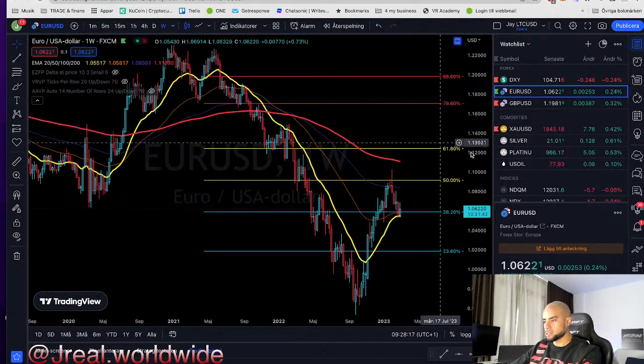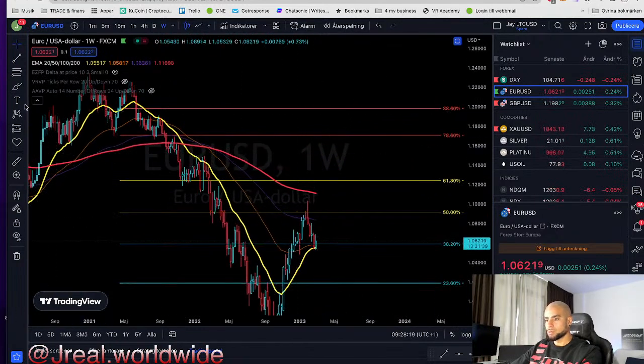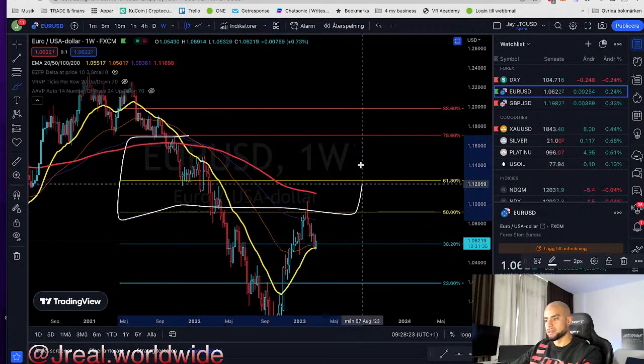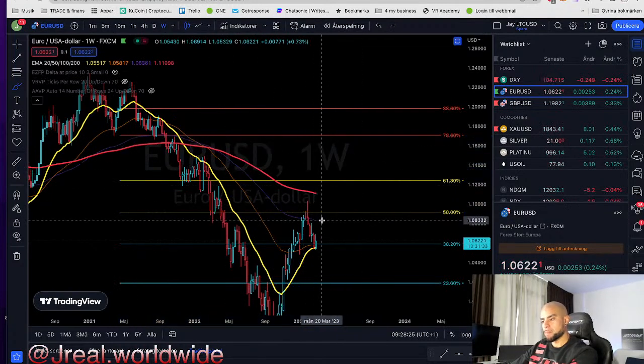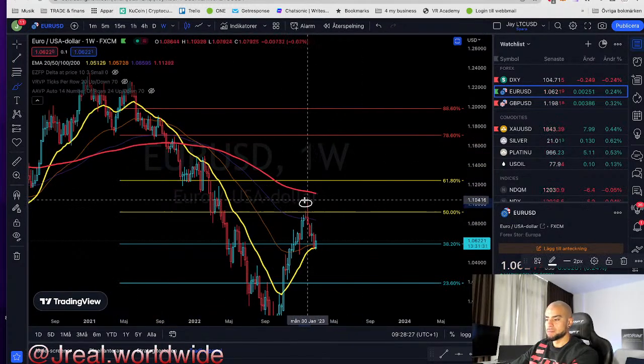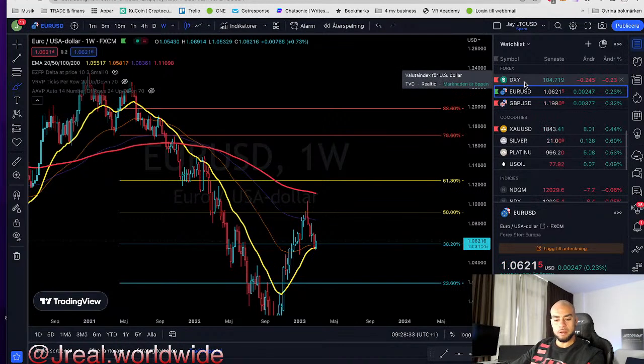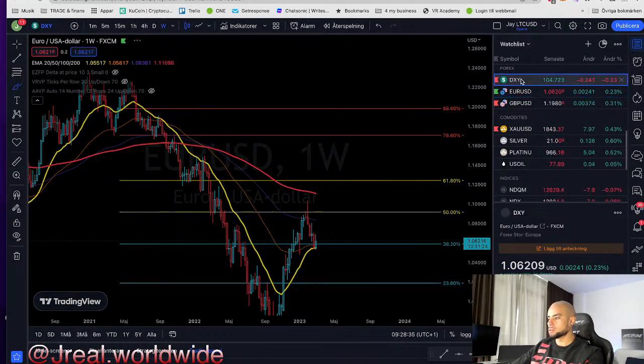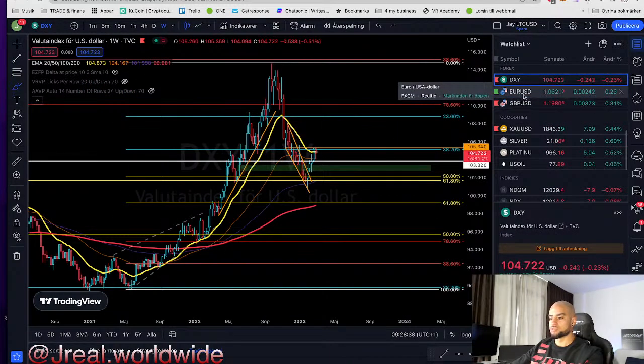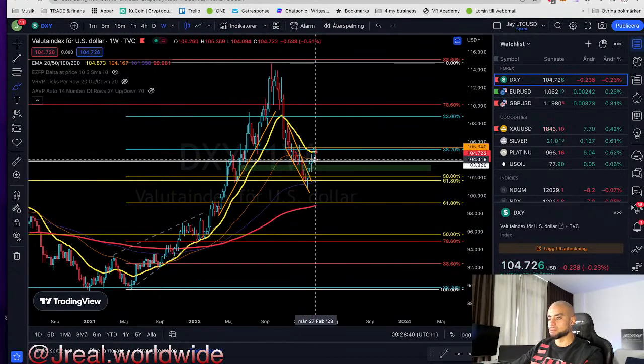And it's because we got a whole lot of liquidity here in the zone. We came up, we picked some, but I don't think it's enough. At the same time, we've got a US dollar that is very, very overbought. This is the US dollar, so it's very overbought. I see it coming down lower.